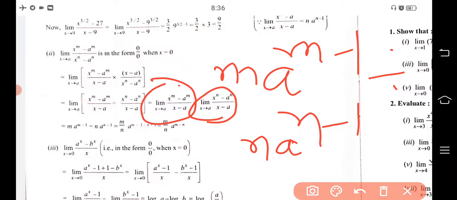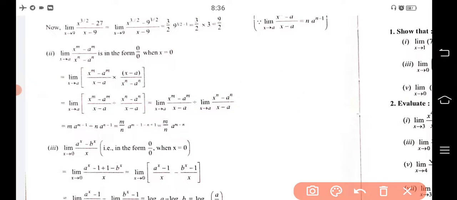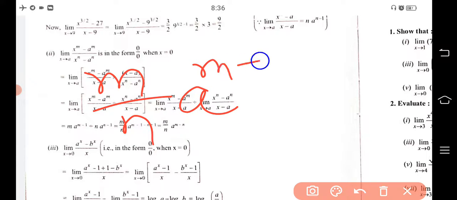So we can write that m divided by n a to the power m minus 1 minus n plus 1.